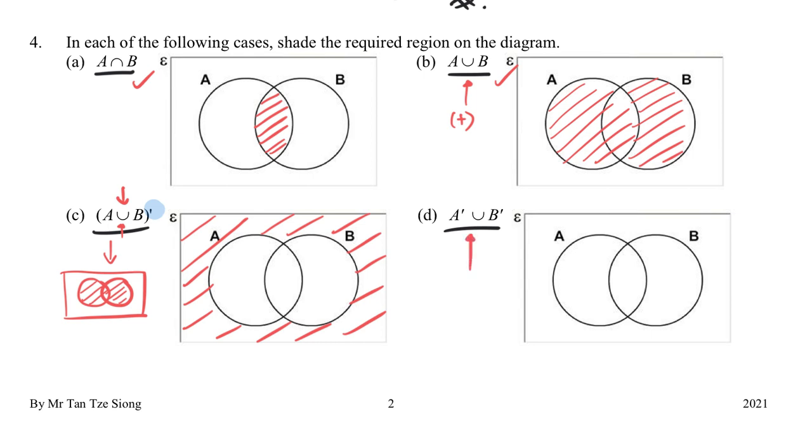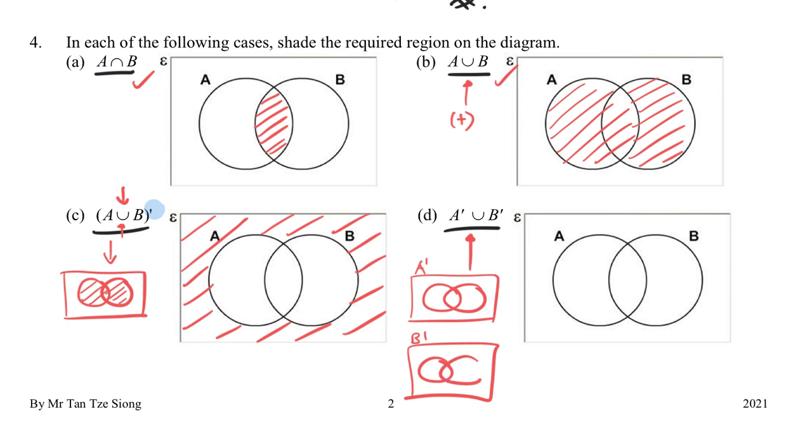Here, A complement union B complement. If it's complicated, let's just draw A complement separately and B complement separately. So A complement refers to everything outside here, and B complement refers to everything outside of B, the right circle, and I want to add them up.